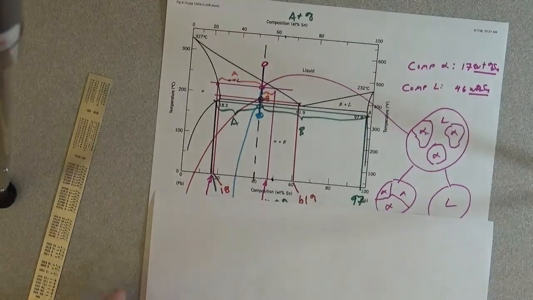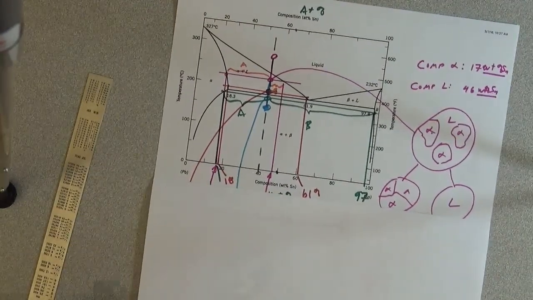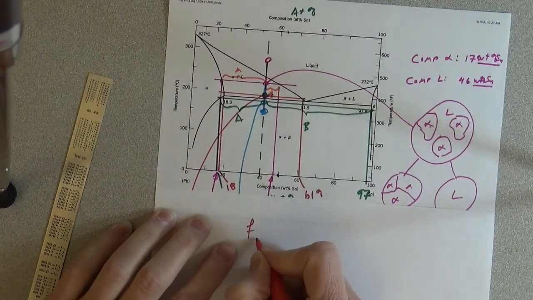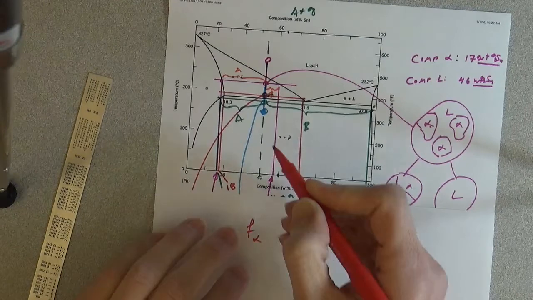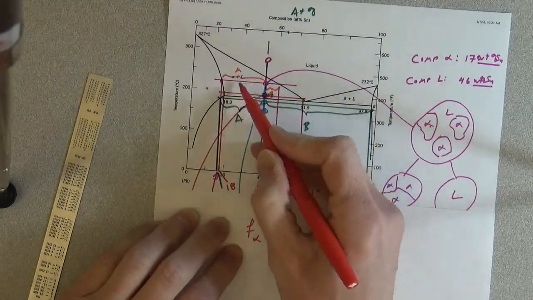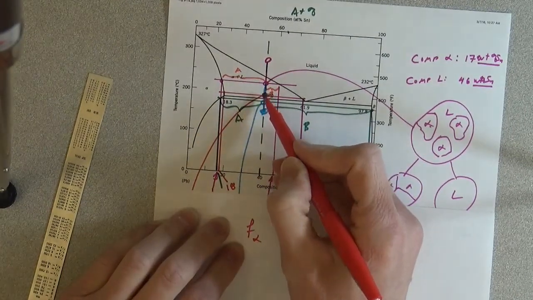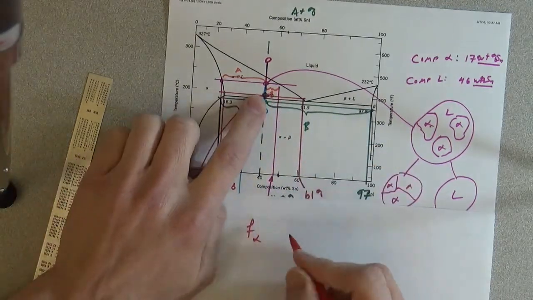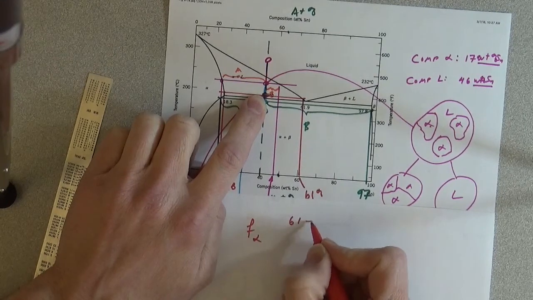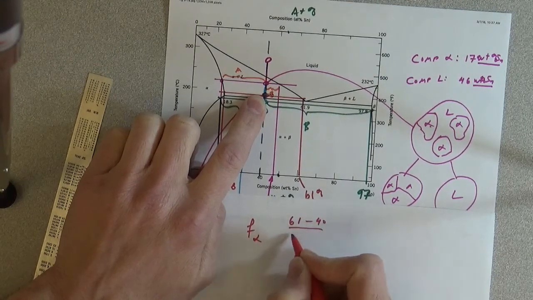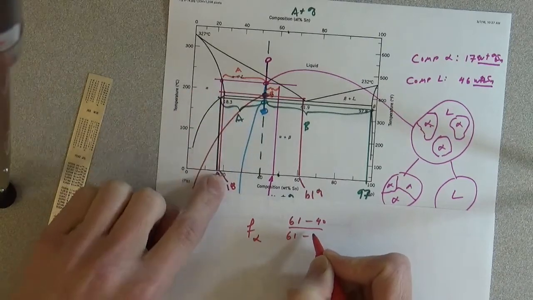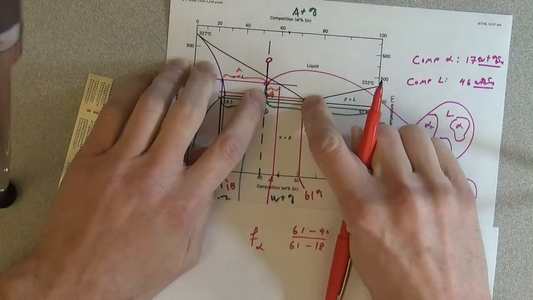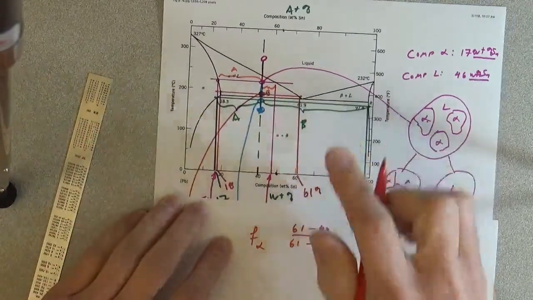So we can say the phase fraction of alpha in the alpha plus beta region just above the eutectic is going to be, so it touches alpha there, so it's going to be 61 minus 40 divided by 61 minus 18, right? It's going to be that distance over the total distance.